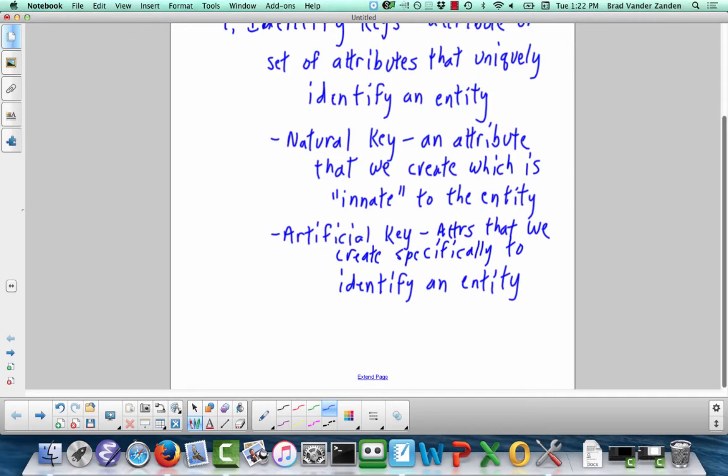Certainly retinal scans and all those other things will try to do uniqueness as well. But we're just concerned here with nice, unique, compact things. So we use artificial keys.